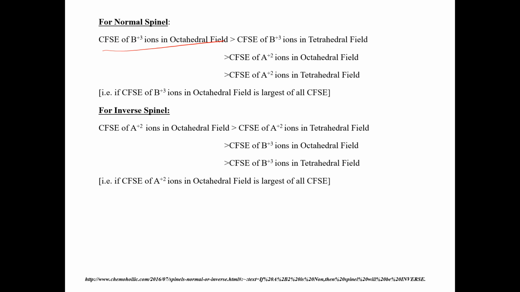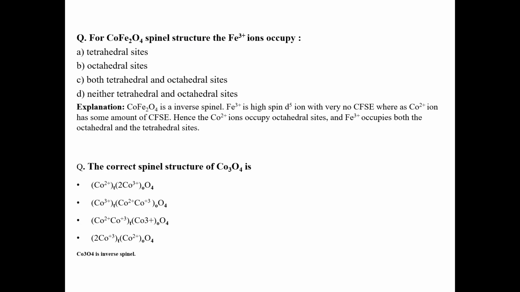And if the crystal field stabilization energy of A plus 2 in an octahedral field is higher than others, it will exhibit the inverse spinel structure. So the first one is the 4. In this type of spinel structure, where will the iron plus 3 occupy? First you have to determine whether it is a normal spinel or inverse spinel, and thereafter you can easily tell which sites the plus 3 ions will be occupying.